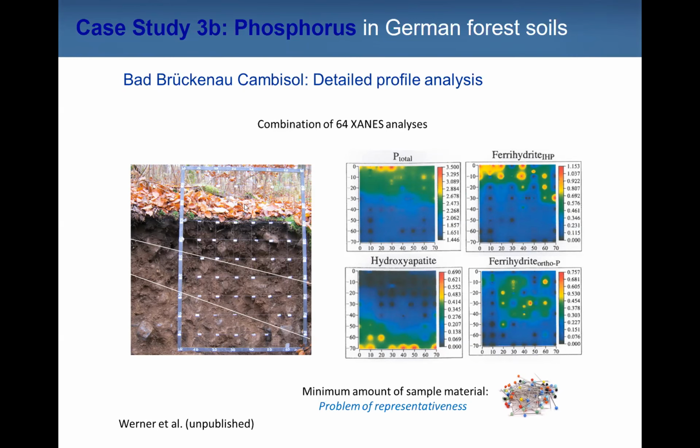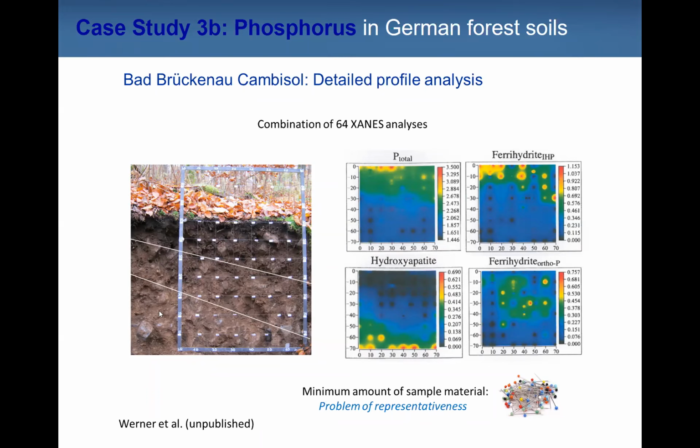And we did this grid approach. We took samples in very small amounts, maybe 1 gram or so, at every knot of this netting here, and could analyze all samples for XANES.